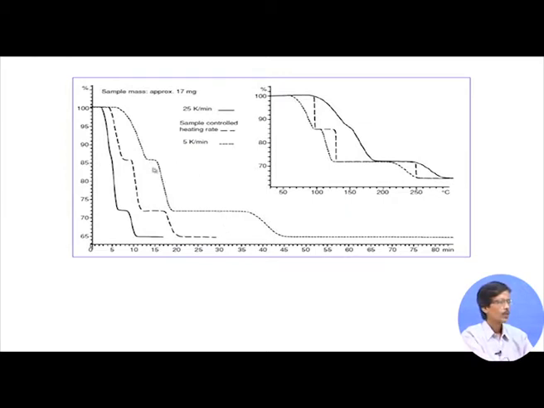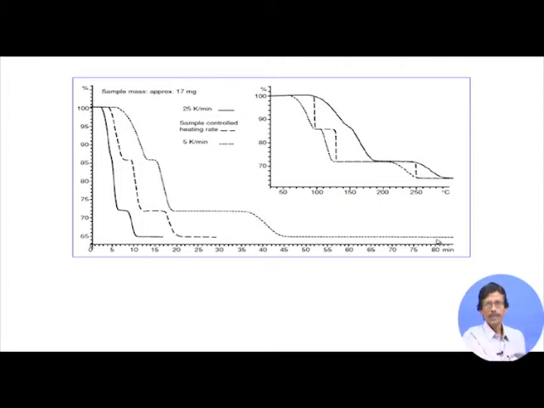When the heating is slow, we take more time to observe the mass losses at these points. When the rate is very fast, the solid line, we can finish the whole experiment within 17 minutes, whereas at 5 Kelvin per minute we finish at 80 minutes.